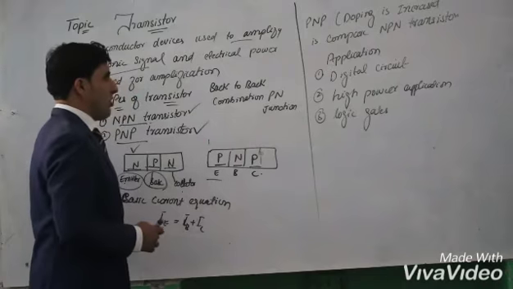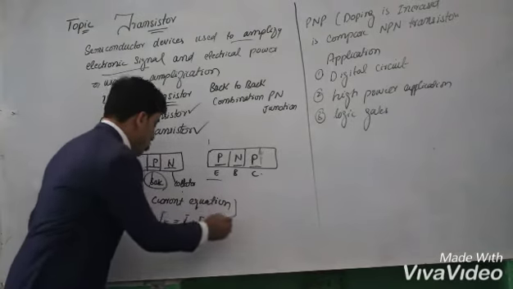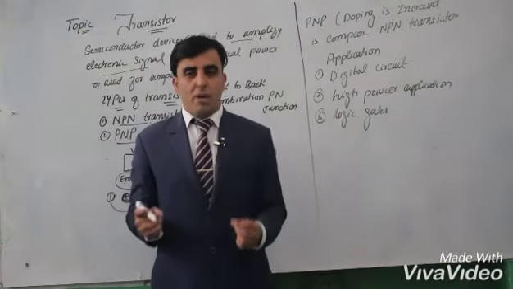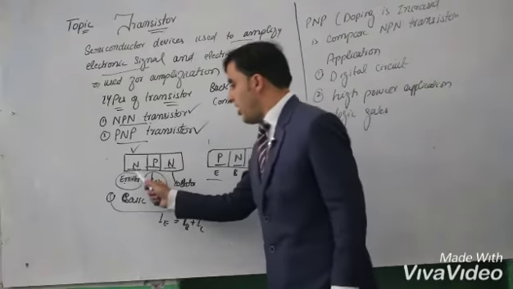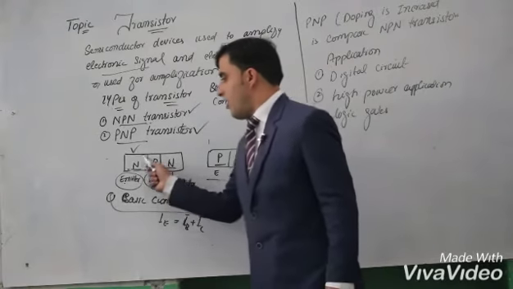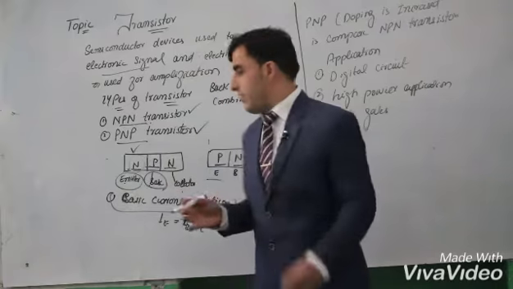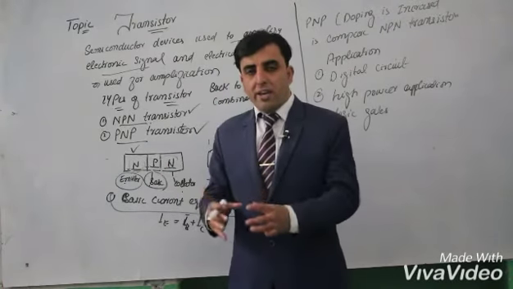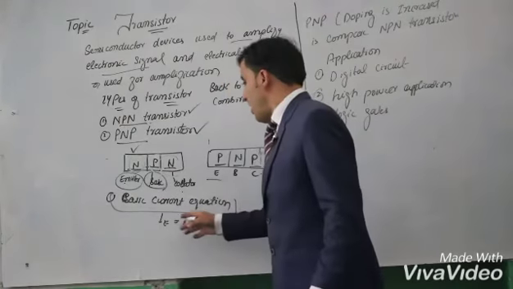Gentlemen, before going to explain it, we have to know about the base current equation. The base current equation is for both PNP and NPN transistors. They have the same characteristic. Like in the emitter, when electrons are emitted, how many electrons are emitted, then the base and collector both will be combined, so it is going to be equal to the emitter.